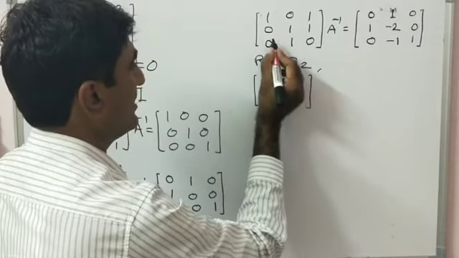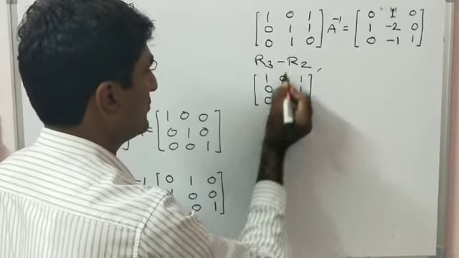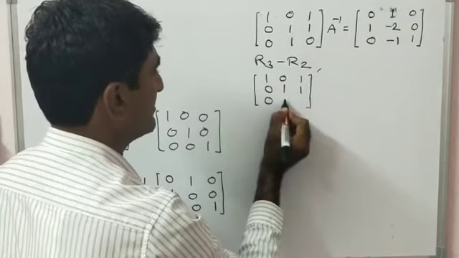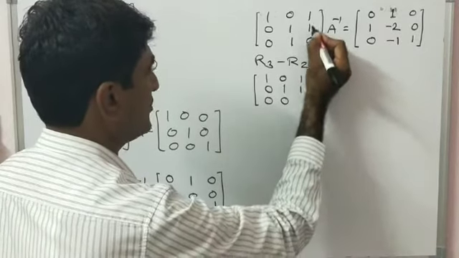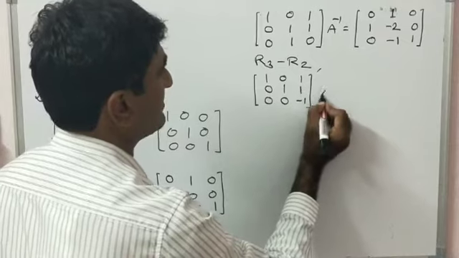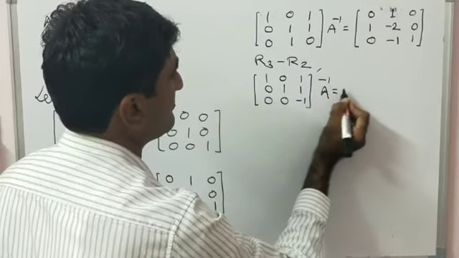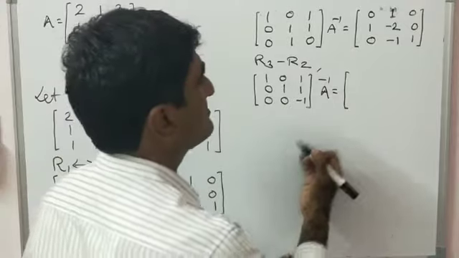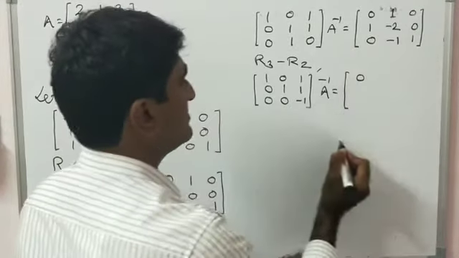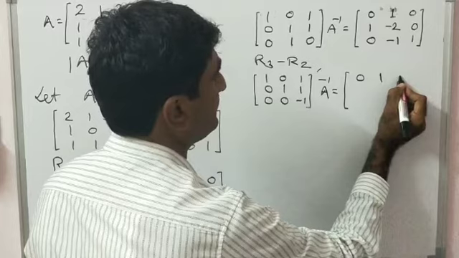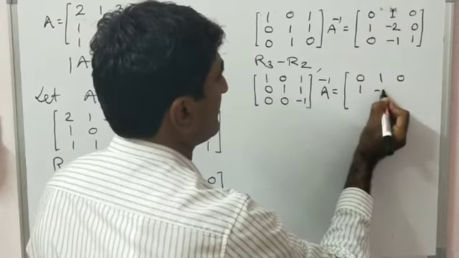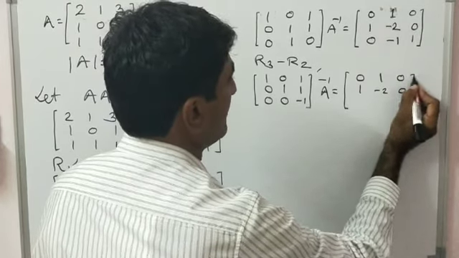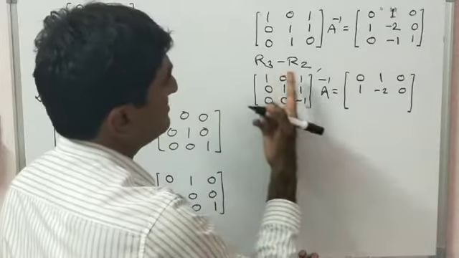Now 0 minus 0 is 0, 1 minus 1 is 0, and 0 minus 1 is minus 1, into A inverse equal to. Same operation on the other side. No change in R1 and R2.